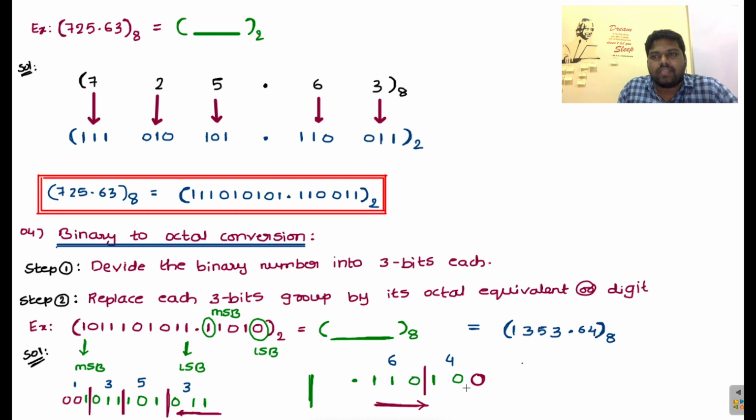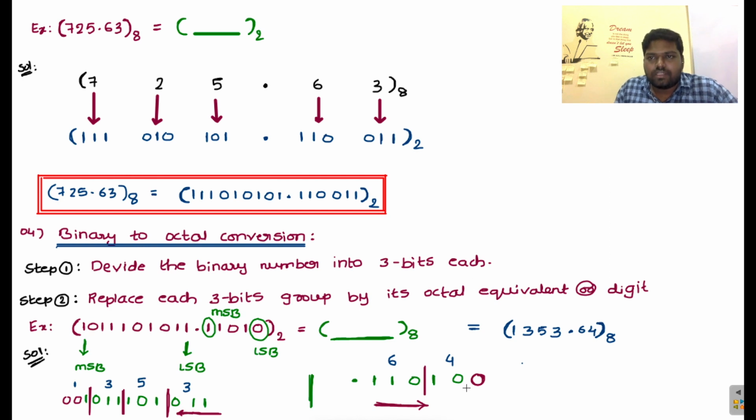In that case you need to add one more 0 in its rightmost position for a fractional number. Rightmost position means the least significant bit side.